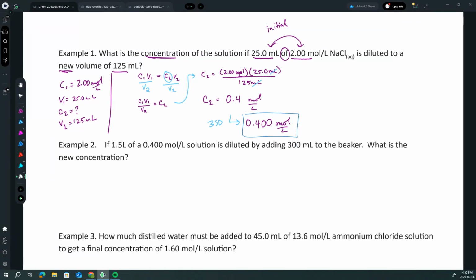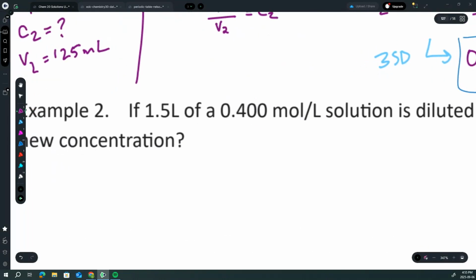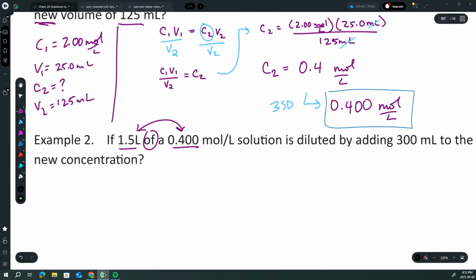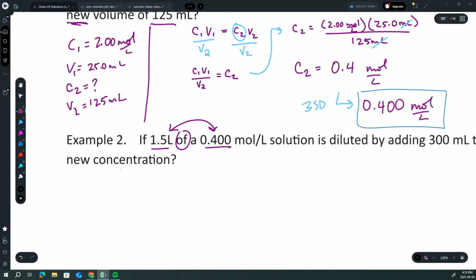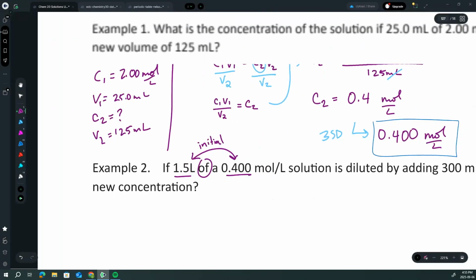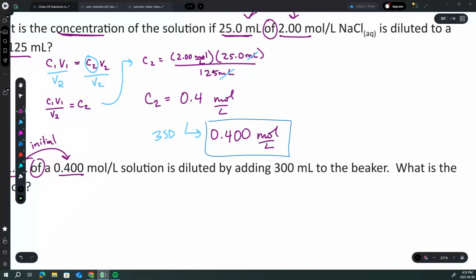Example number 2 says if we have 1.5 liters of a 0.4 mole per liter solution, so "of" means that these are connected, and is diluted, so that means that this should be our initial one, our starting solution, and then we dilute it by adding, okay, so that's a key word.